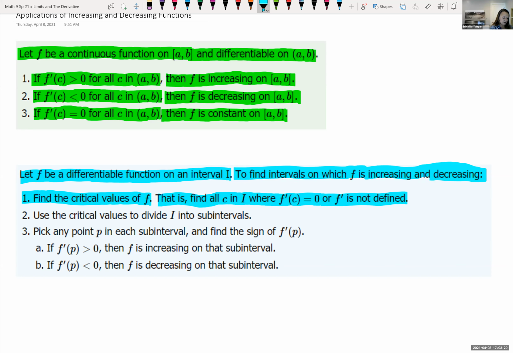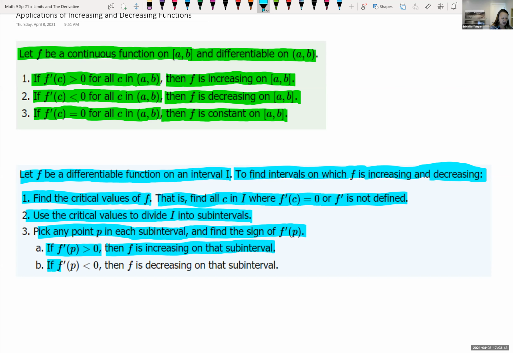We put those on a number line. So use the critical values to divide I into subintervals. That's how I did it with a number line. And then we picked a point P in each subinterval to find the sign of f prime of P. We found that if the derivative was greater than 0 at P, then the function was increasing on that subinterval.